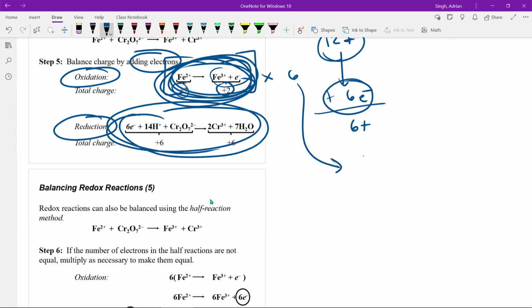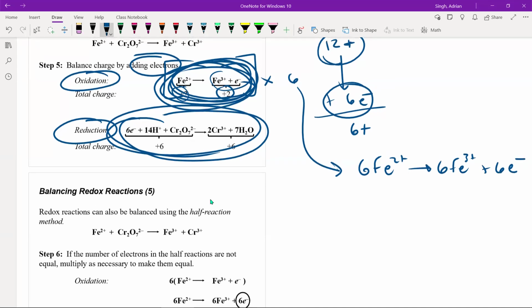By doing that, I end up with 6 Fe2+ becomes 6 Fe3+ plus 6 electrons. So I multiply that first equation by whatever I need to, so all the coefficients get multiplied by a certain number, to make sure that I have the same moles of electrons as in the other reaction.